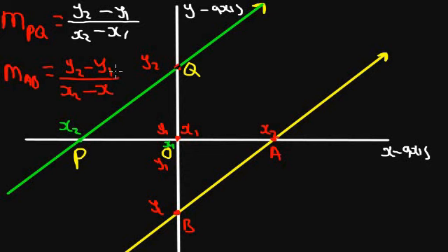Now, can we figure out any similarity between triangle PQO and triangle AOB? Are they similar or congruent? What would you say?